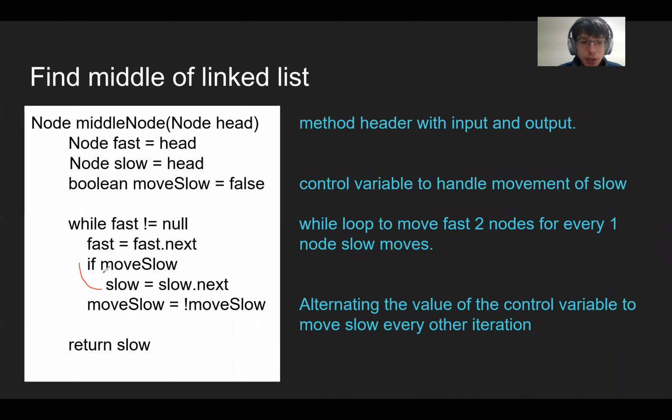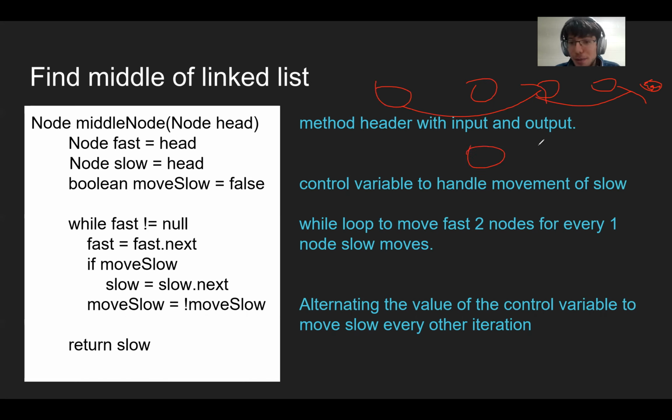The reason we're not just moving fast 2 and slow 1 each iteration, and instead only moving fast 1 each iteration and slow every other iteration, is because if we did fast.next and slow.next every time, then with an even number of elements, maybe 4, we go fast, fast, and then fast, fast, and there's nothing here. Actually, that wouldn't really be a problem because this would be null.